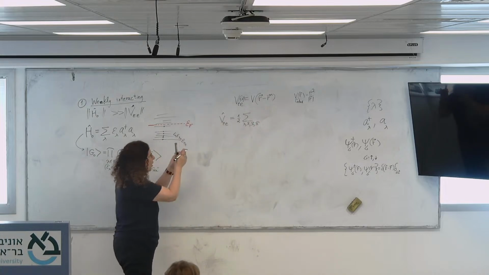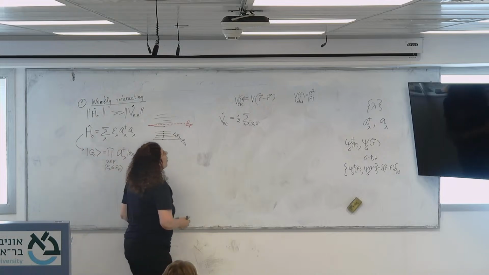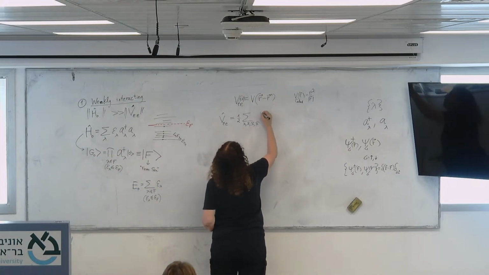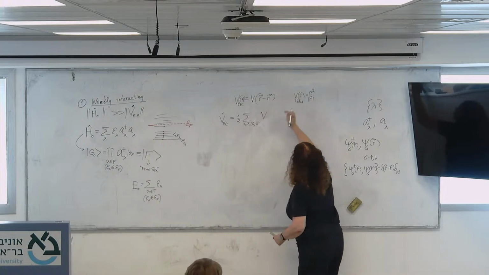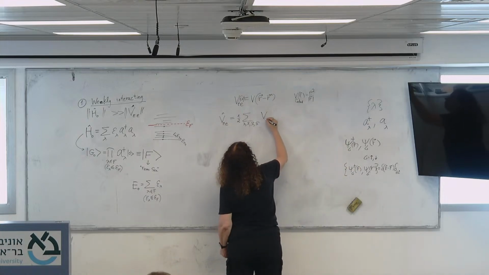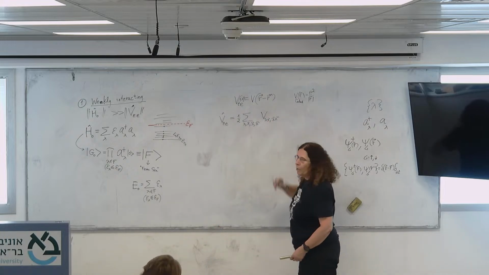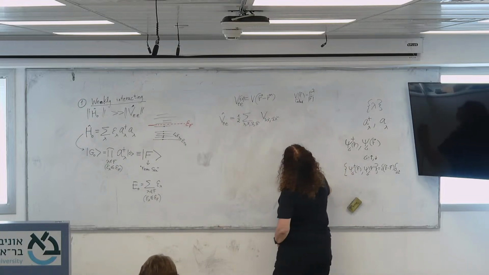Okay, now all the indices are some kind of lambdas, of the matrix element of this potential in the basis lambda, which is lambda prime, lambda double prime, lambda triple prime, and it's defined the way I defined it in the beginning of the lecture.